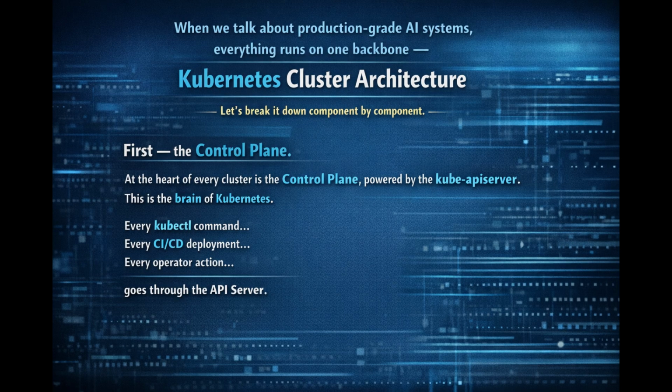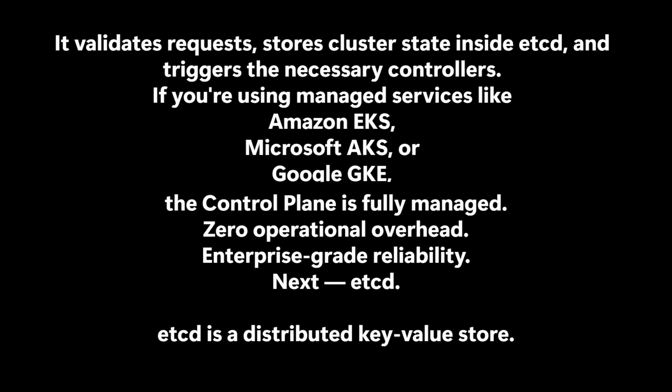It validates requests, stores cluster state inside etcd, and triggers the necessary controllers. If you're using managed services like Amazon EKS, Microsoft AKS, or Google GKE, the control plane is fully managed, zero operational overhead, enterprise-grade reliability.